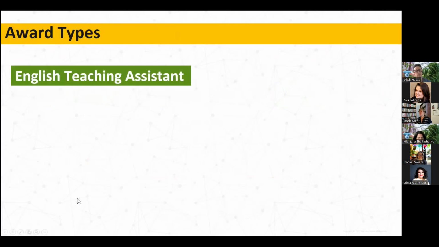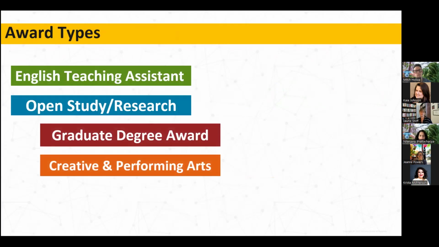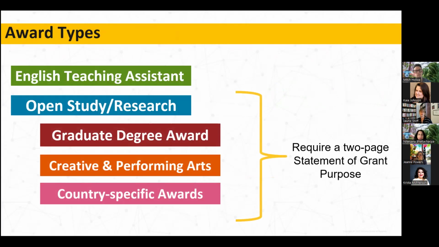Okay, so as I said, we are going to focus on one of the types of the Fulbright Awards today, but there are several different types, so you might want to be thinking about which one is the best award for you. There are the English Teaching Assistant Awards, and those give applicants the opportunity to go to other countries and be an English teaching assistant, not an English teacher, so don't start panicking if you're thinking you might want to do this and you don't have expertise in English language pedagogy or second language acquisition.